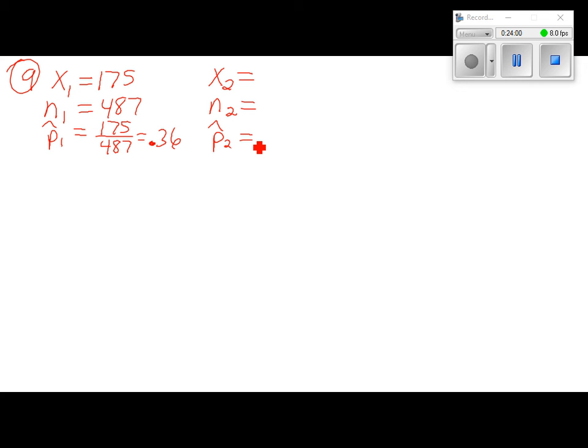X2 this time is 251. I think you're going to have to do the same thing on problem 10. N2 is 506. Then you take 251 divided by 506, and that gives you the percentage there, which is 0.50 or 0.5.